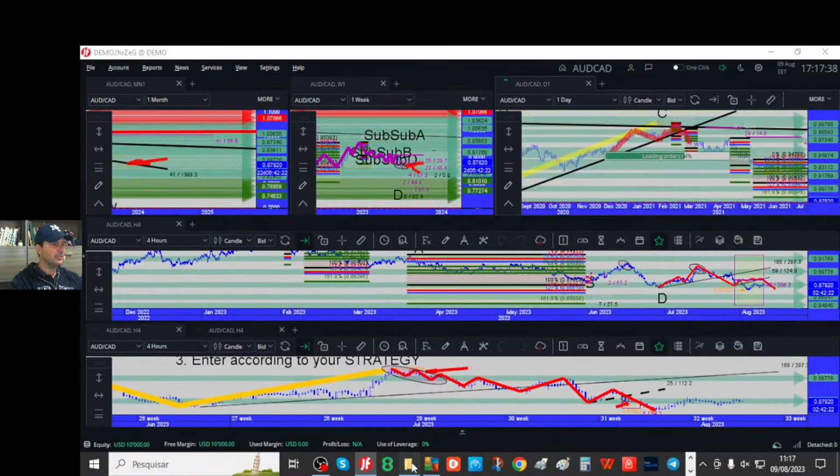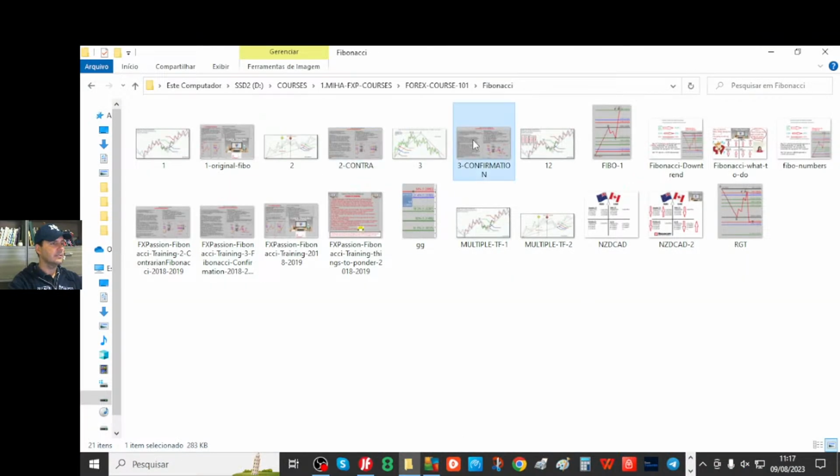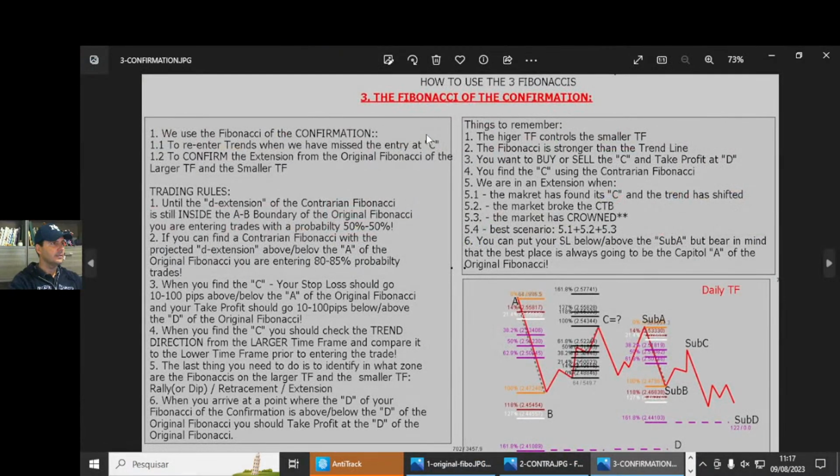Alright, next picture. The Fibonacci the confirmation. We use the Fibonacci the confirmation to re-enter trends when we have missed the entry at the C, to confirm the extension from the original Fibonacci on the larger time frame and the smaller time frame. Right?